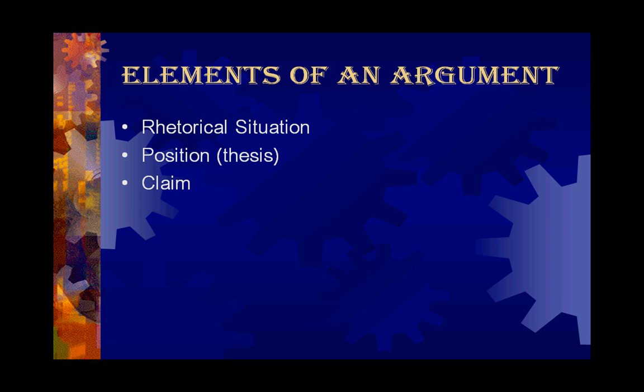The rhetorical situation builds up the introduction to the topic or the introduction to the position that you want to take. The position is your thesis statement, and then those supports, the reasons why people should agree with you, would be the claims. Now, in order to make this an academic argument, you would need to have some other sources, some outside sources.